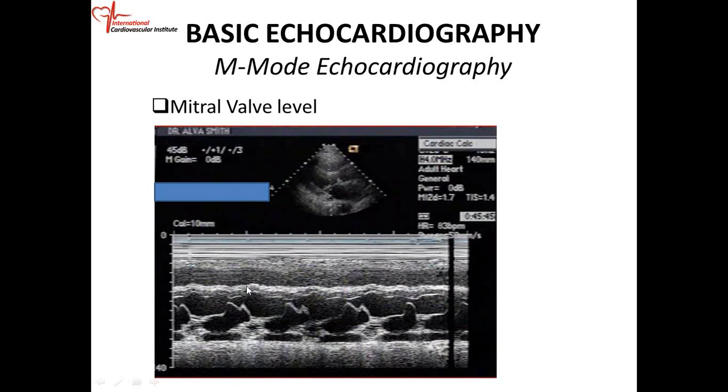You have the septum, which is right there. The LV cavity is right there. And inside the LV cavity, this is the anterior mitral leaflet. Okay? The mitral valve is open right here. You always have your ECG on top or below.